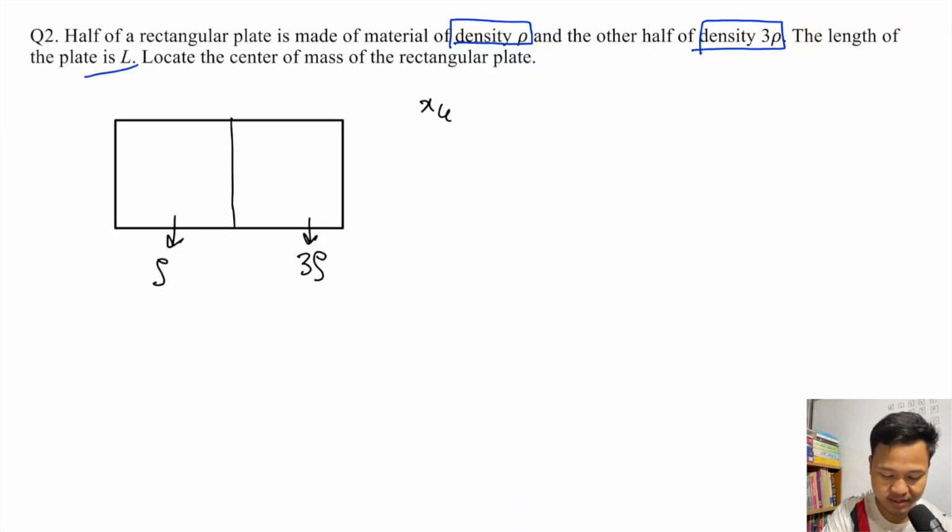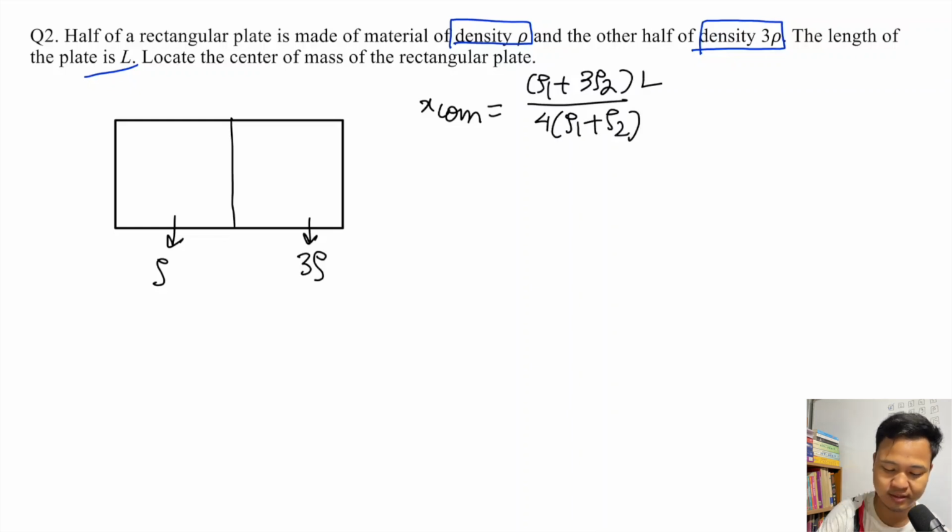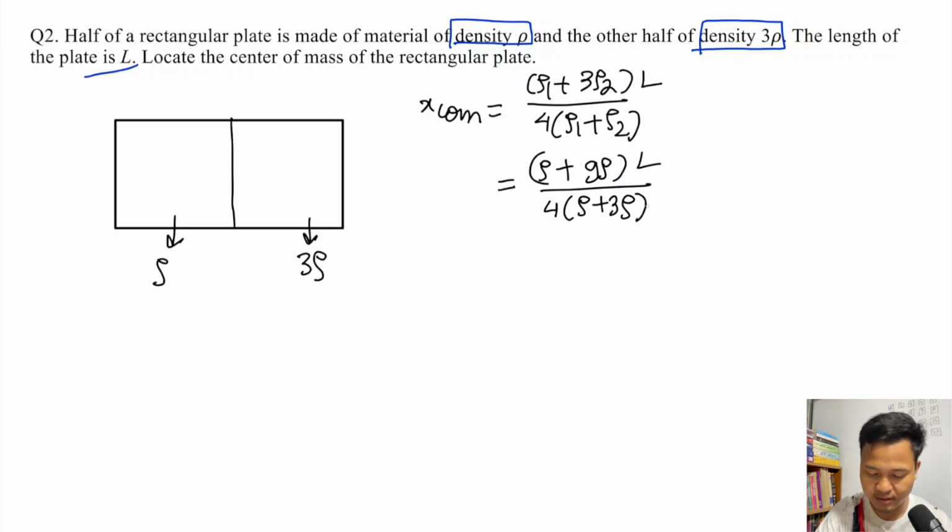So X COM: I have row 1 plus 3 times of row 2, divided by 4 into row 1 plus row 2, and this is L. Row 1 is row, row 2 is 3 row, so row plus 9 row is 10 row into L divided by 4 into row plus 3 row, which is 16 row.